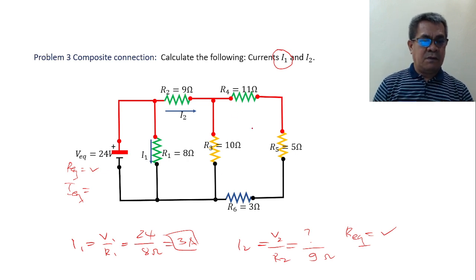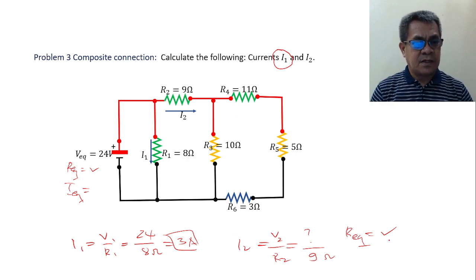Now, remember our task is to solve for I2. What's the contribution of I equivalent and R equivalent to that? If you know this current, it is very easy. Remember that the current that passes through here will come into the circuit. This is I equivalent.